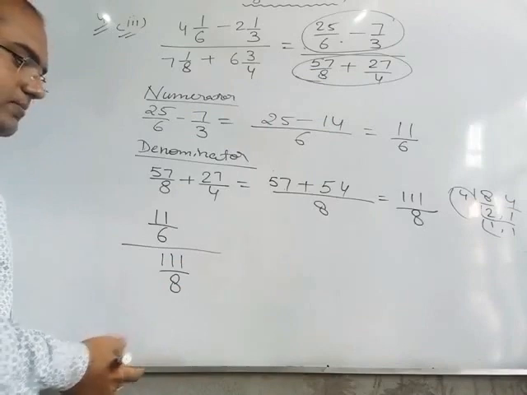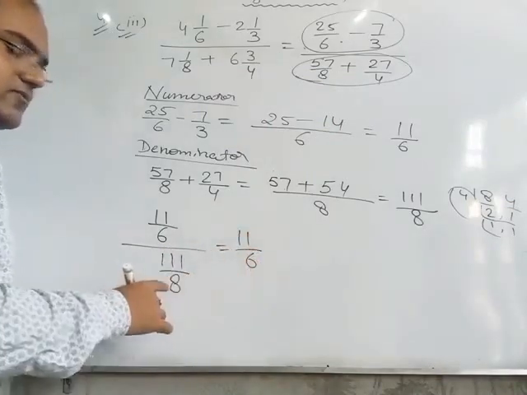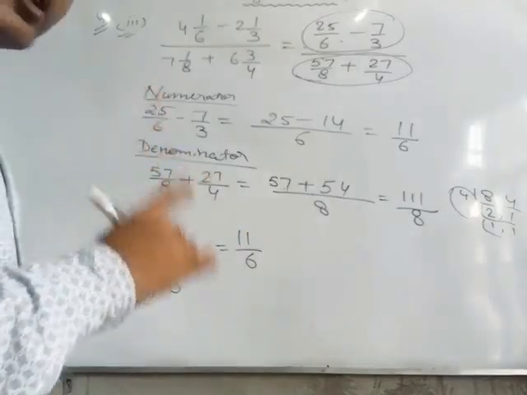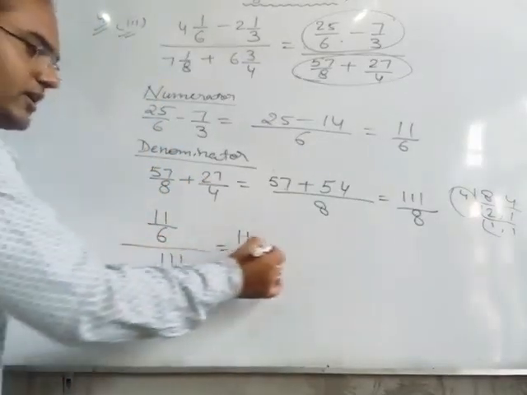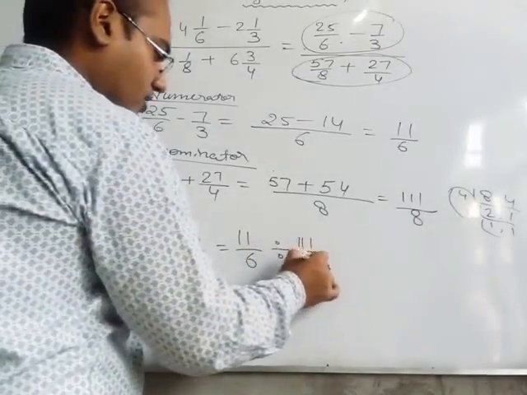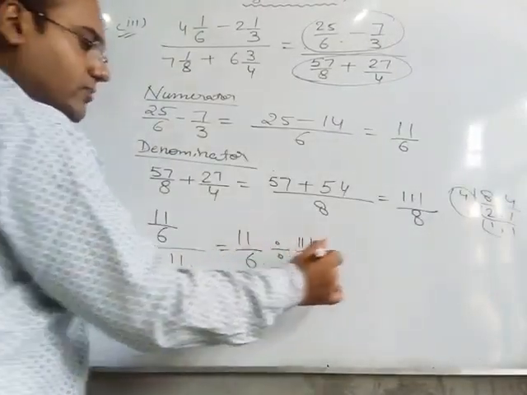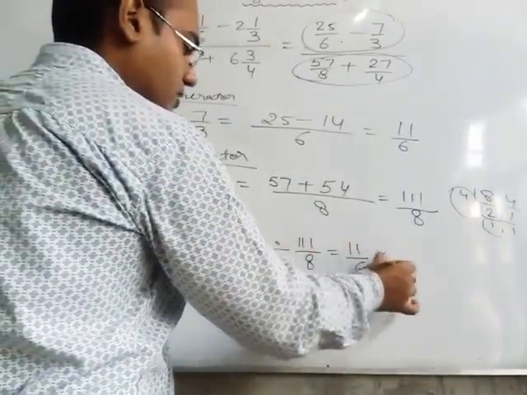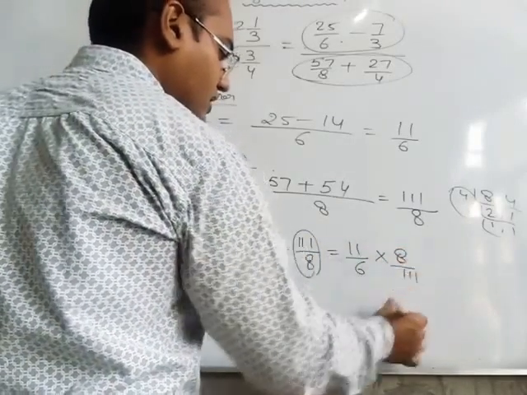Now what is the next step? Here we can write like this also, as we did in the fourth question first part. 11 upon 6 we will write as it is. This upon represents divide, so we will put a divide sign, 111 upon 8. Now in order to change this divide into multiply, 11 upon 6 multiply, this number will get reciprocal, 8 upon 111.